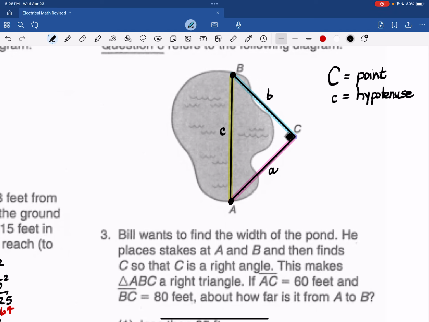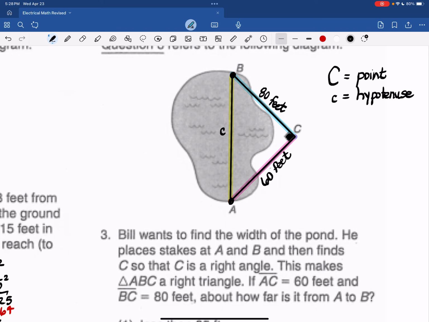If the distance from A to C, so that's going to be this one, AC, is 60 feet, and the distance from B to C, that segment, is 80 feet, about how far is it from A to B?